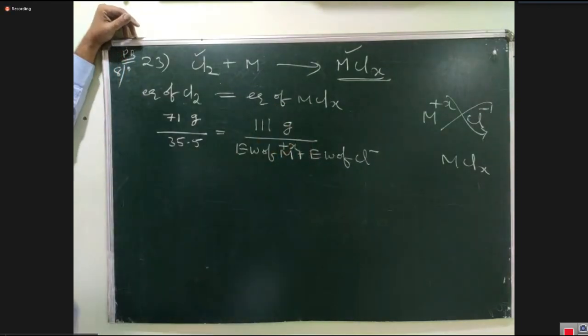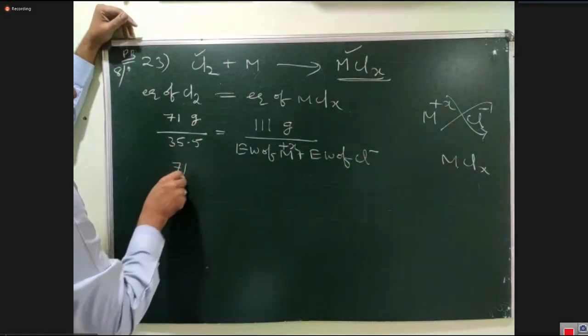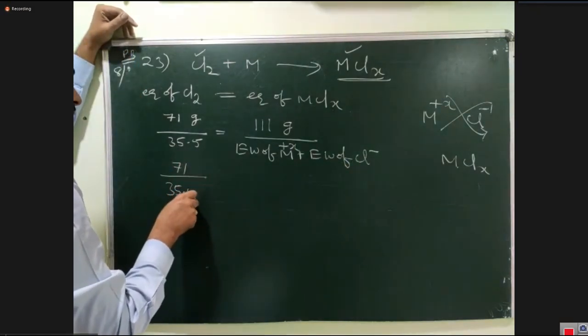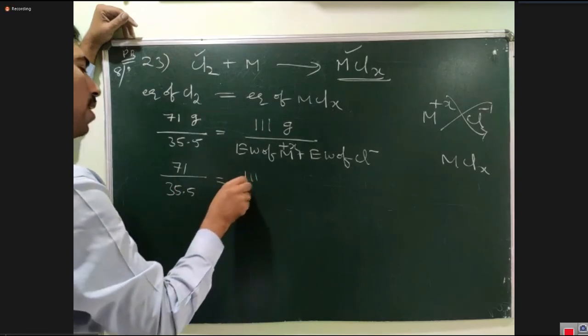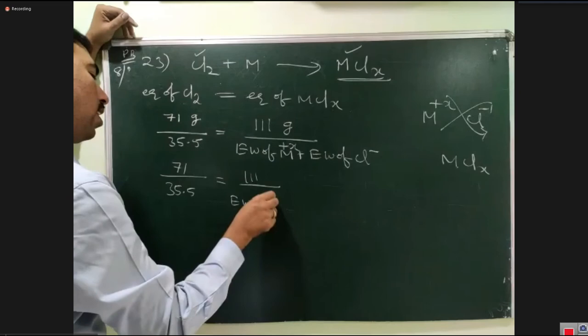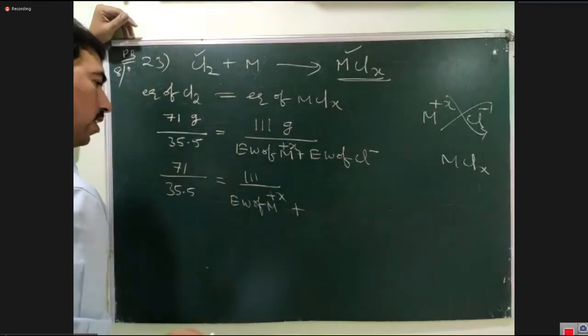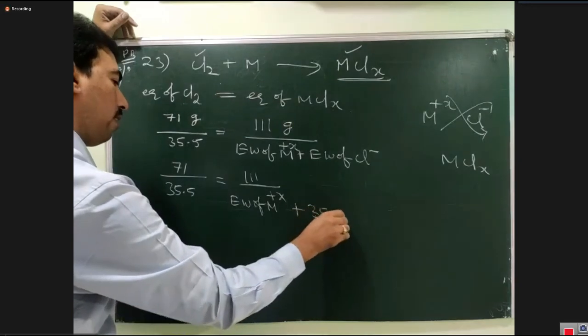Now the equivalent weight of chloride, you know, is 35.5. So 71 by 35.5 is equal to 111 by the equivalent weight of metal plus the equivalent weight of chloride, that is 35.5.